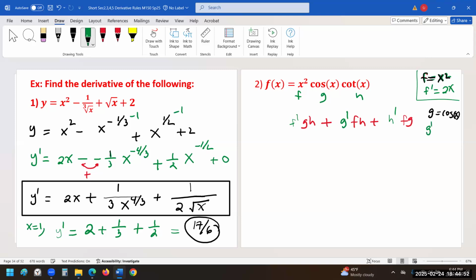Then what is g prime? Negative sine x. So this is the second function. Now our last function, h, is cotangent x. Oh, I don't even know what's the derivative of cotangent x. Ellen, what's the derivative of cotangent x?